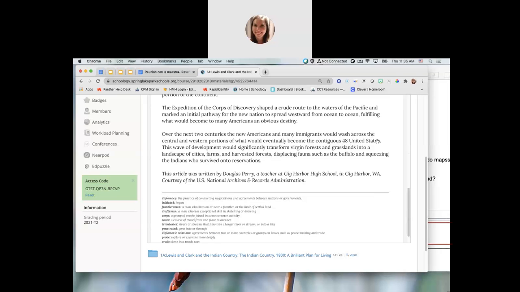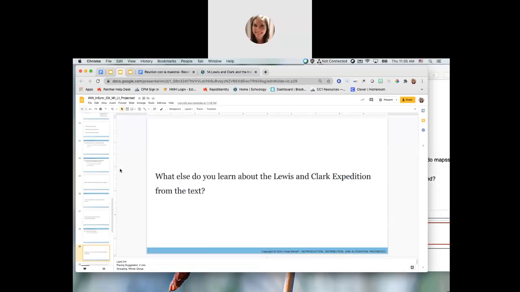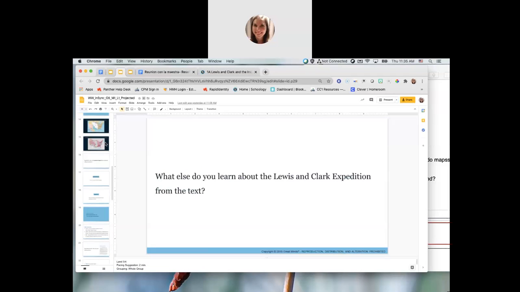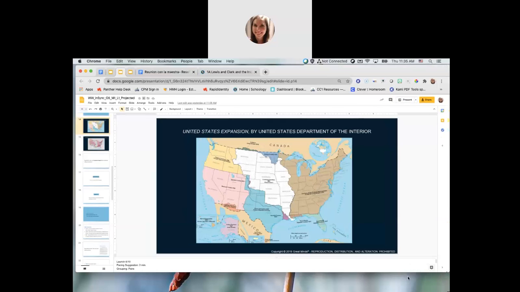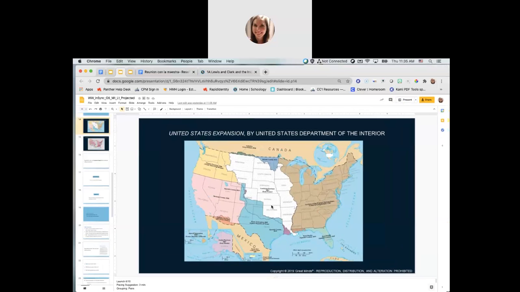Some of you actually put that in your main idea. Somebody wrote, I learned right here they didn't include Sacagawea. Let's see, what else did we learn? Was the Louisiana Purchase only for Americans or was it also for immigrants? It was also for immigrants.